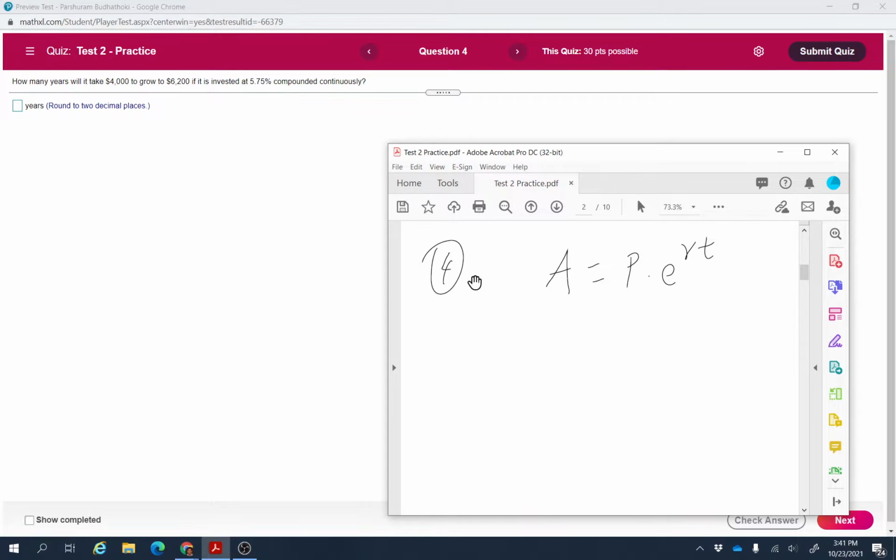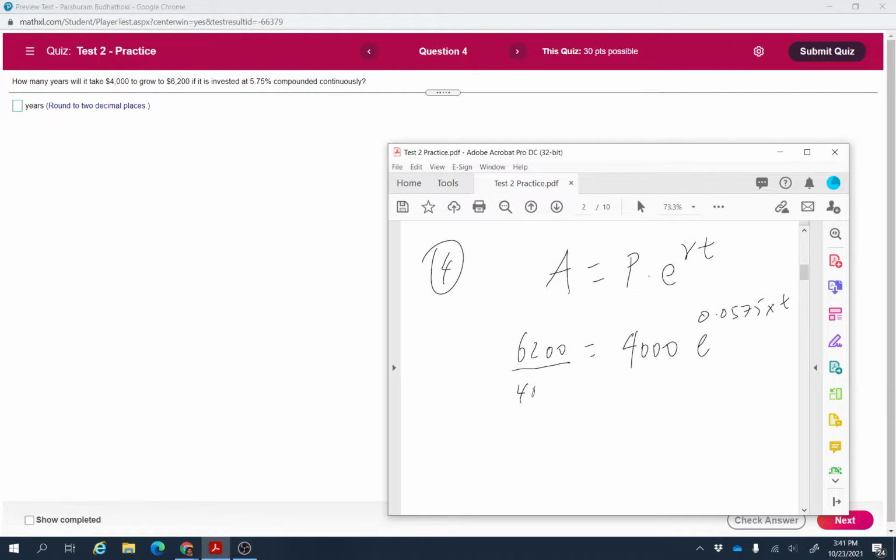A is 6,200, that's the amount you want, and 4,000 is your principal. You want to make 4,000 into 6,200, and then the rate is given, which is 0.0575. That's 5.75%, and you would like to find the time t. So just solve for t here.